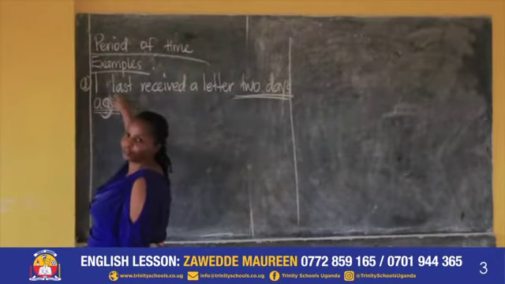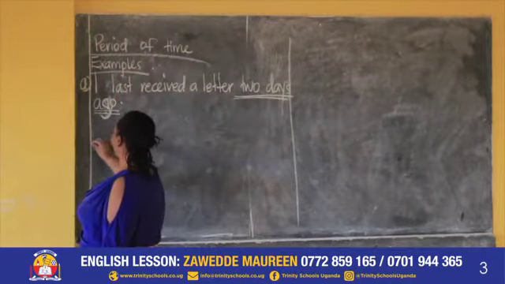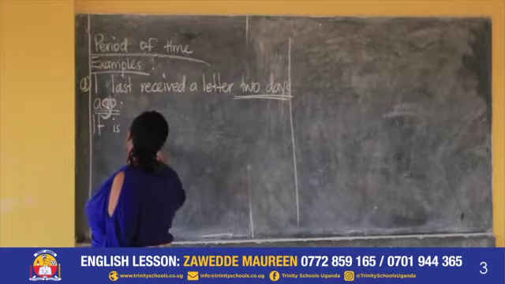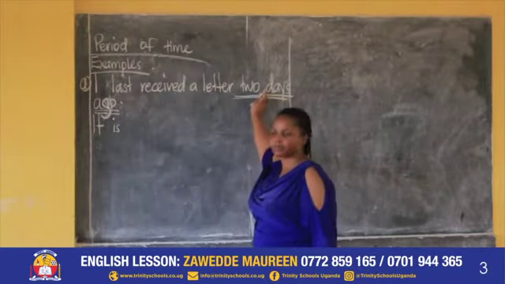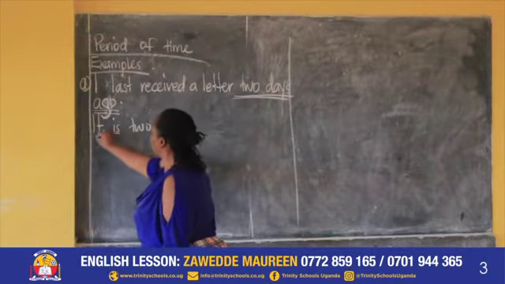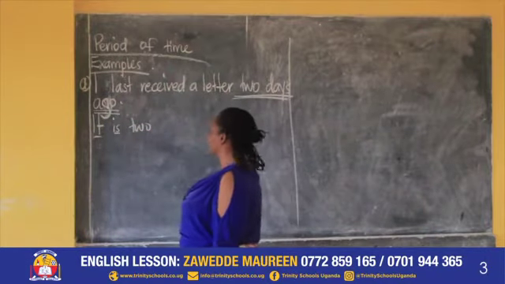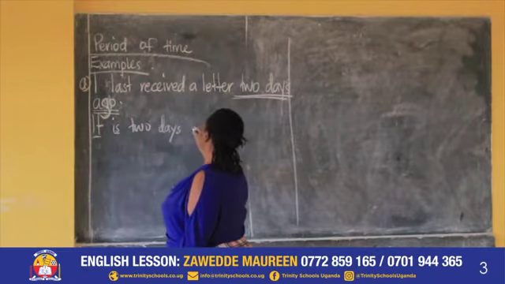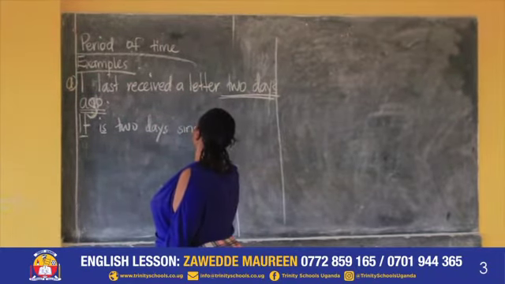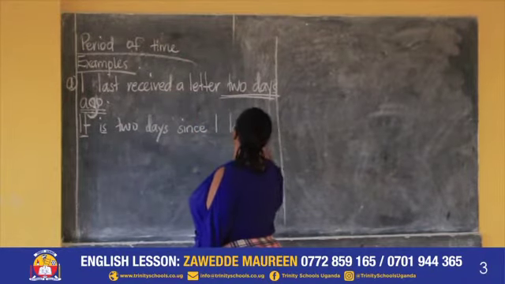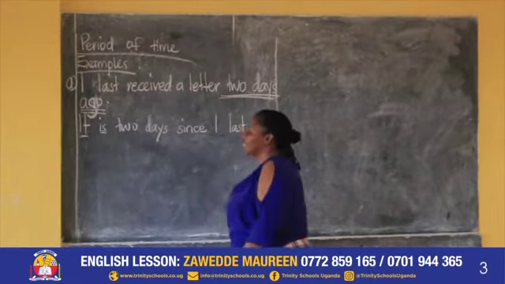Don't use ago when you're using since. So I'm going to begin like this and say, it is this period of time. It is 2 days. This it is showing the period of time. It is 2 days since I last received a letter.